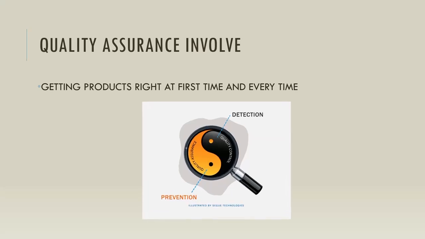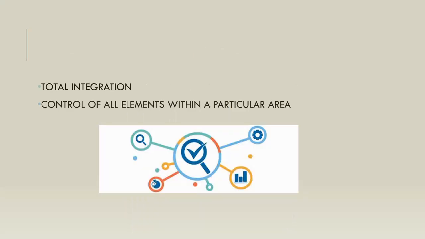So prevention, detection, all this. Total integration, very important, of all elements within a particular area. Students, what do you mean by all elements in a garment factory? What do you mean by control of all elements within a particular area? And what is the meaning of total integration also?